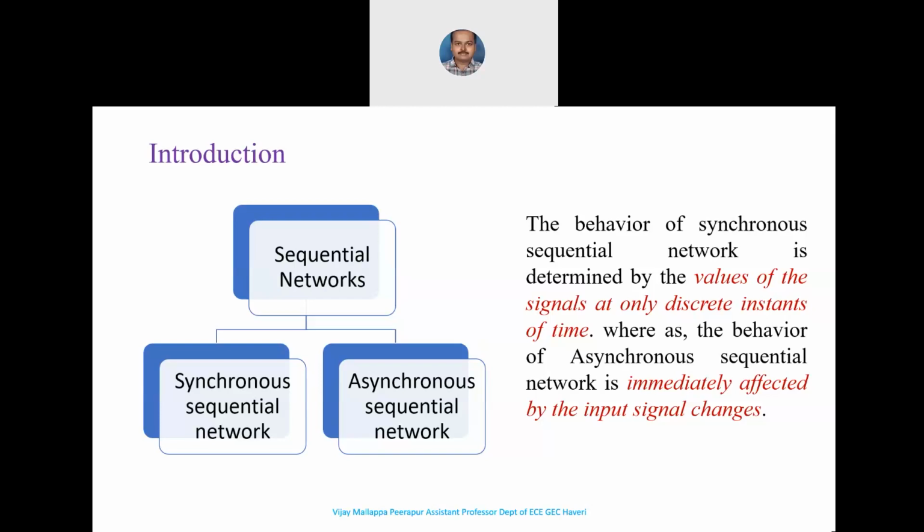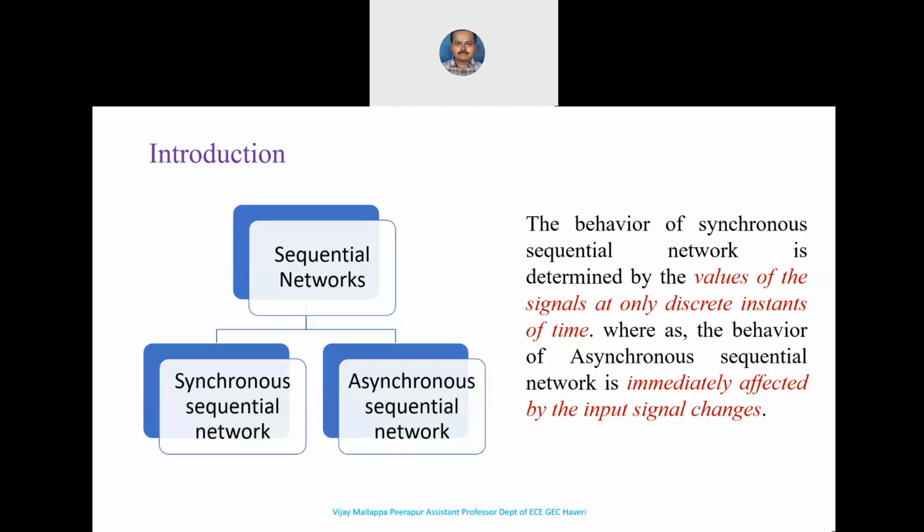When I say at only discrete instants of time in a sequential circuit, here we use a clock signal. Whenever we apply the clock signal, depending on the input, the output will change. Depending on the clock signal, the output will change in synchronous circuits.